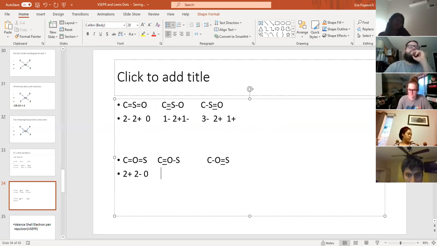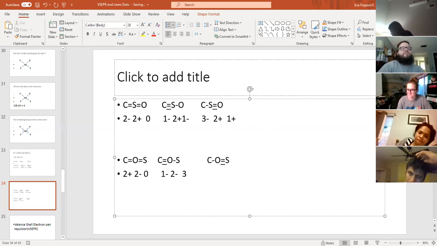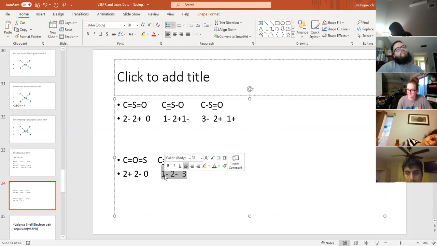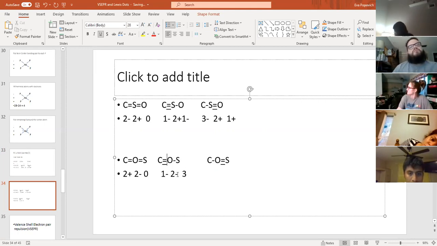This one is 4 minus 2 plus 1, that's going to be 2 minus, and that's going to be 3 plus. Is that right? 4 minus 2 plus 3, that's a negative 1. 6 minus, that's a 2 plus.